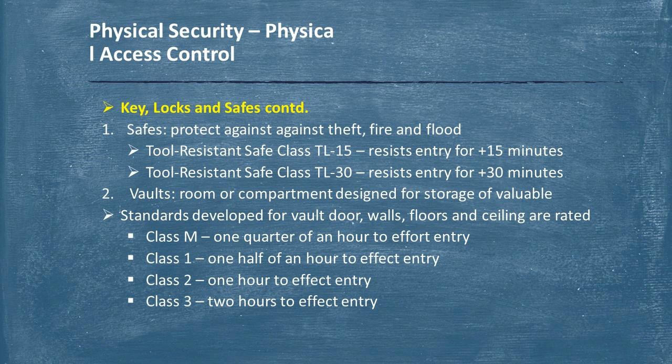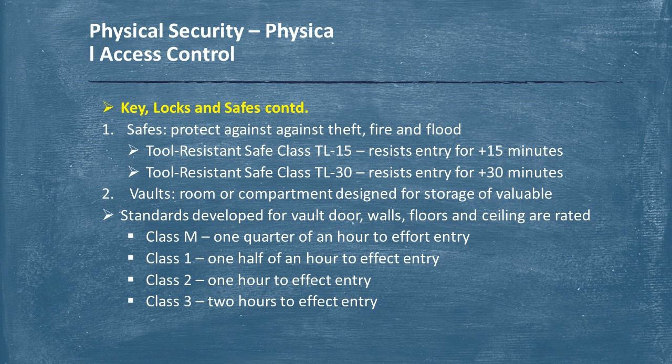Now we come to safes, where to store important items. Safes protect against theft, fire and flood. Tool resistant safes have many specifications, like TL15 and TL30, which resist entry for 15 minutes and 30 minutes. These are all safes. Vaults are much more powerful, like class M, class 1, class 2, class 3.